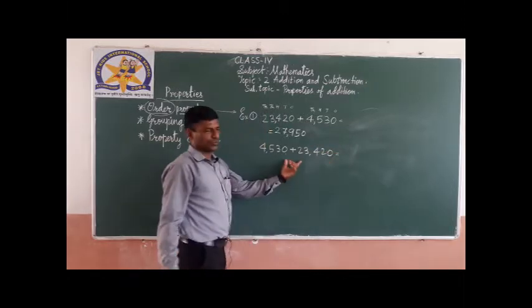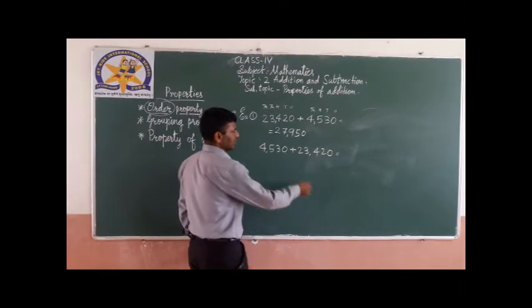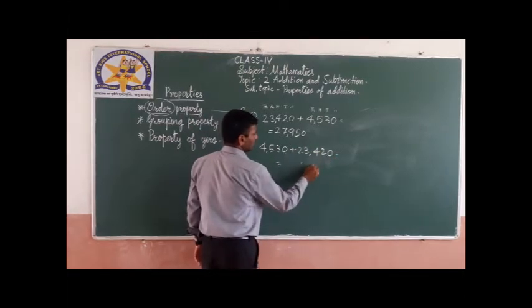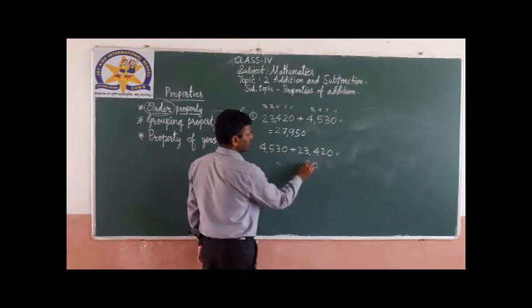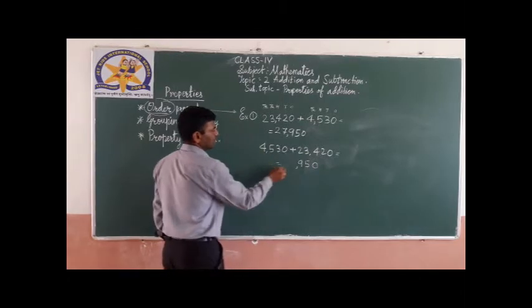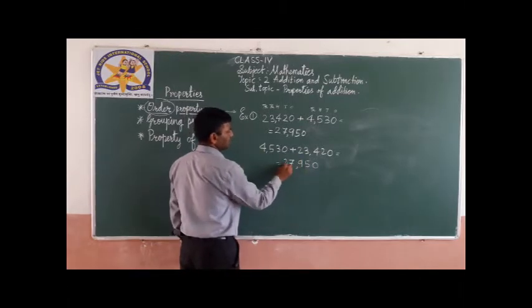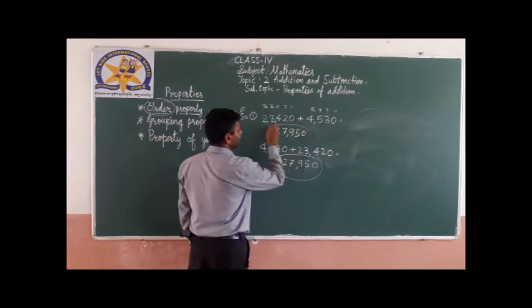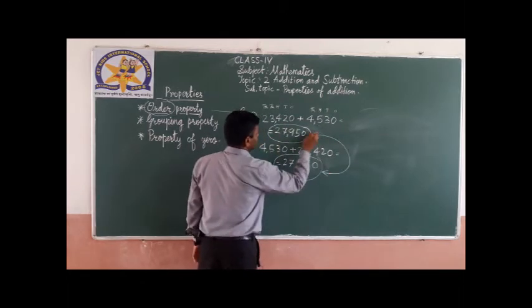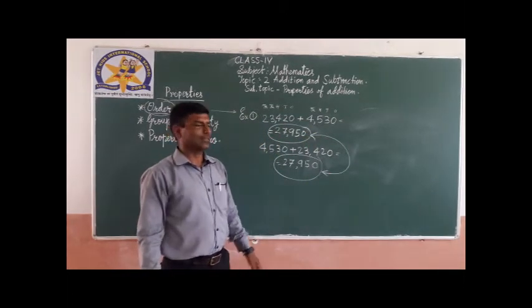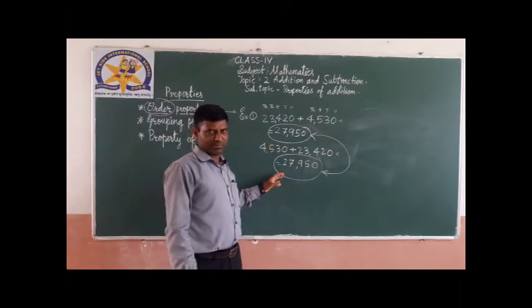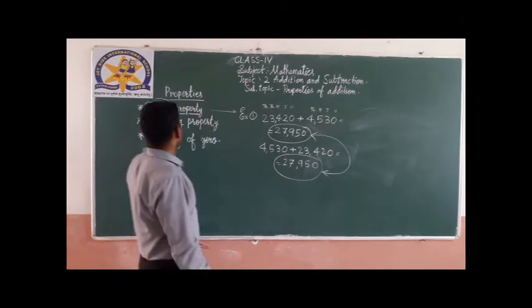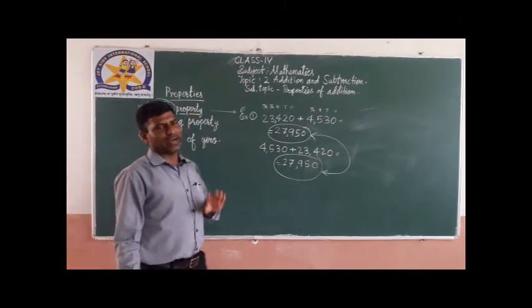Now add these two. 0 plus 0, 0, 2 plus 3, 5, 4 plus 5, 9, comma, 3 plus 4, 7, and 2. See the sum, see the answer. Can the answer change? No. Both are the same. This is called the order property of addition.